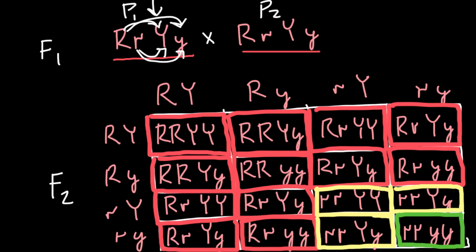So as you see, we got the ratio of the phenotypes as 12 red to 3 yellow to 1 green. And this is the exact ratio in the F2 generation according to our problem.